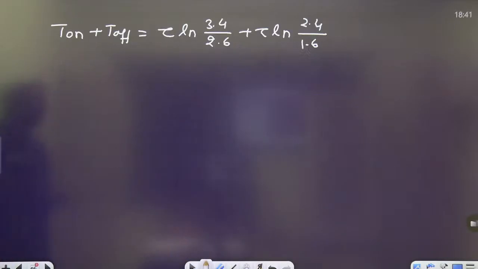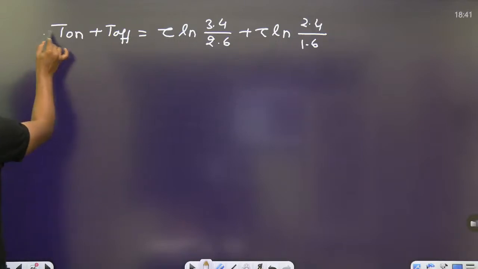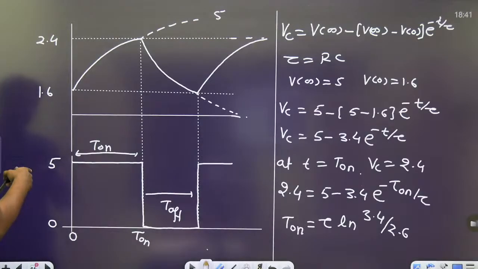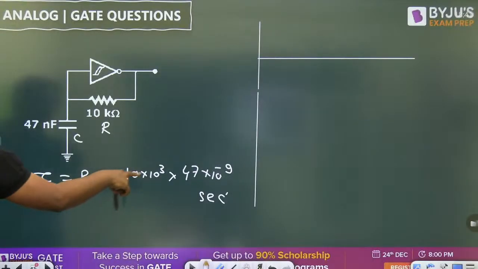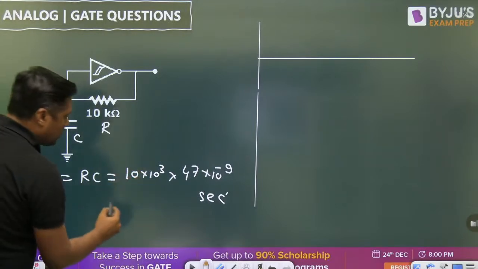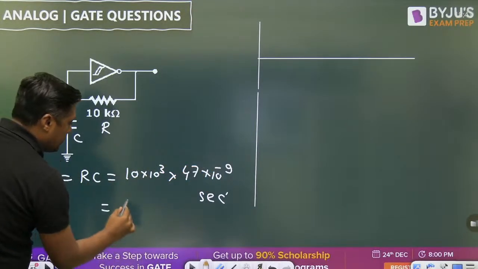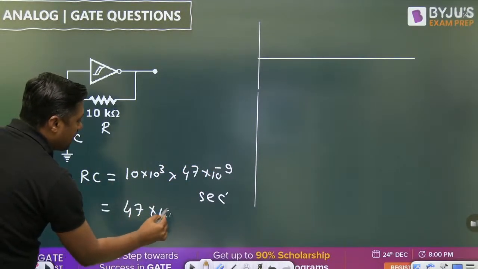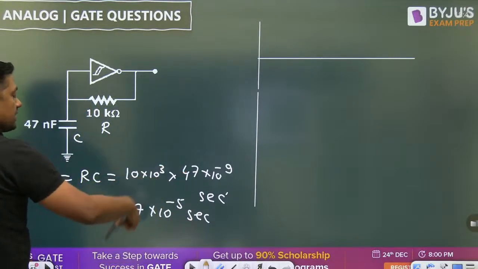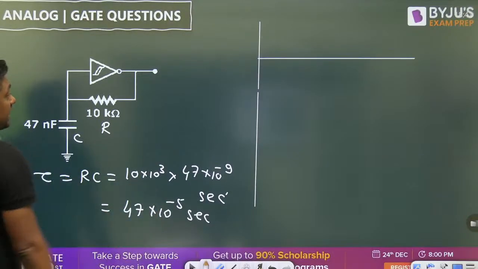This is called the total time period. And what is the tau? Already we have calculated the tau. This is the RC, 10 into 10 raised to power 3, times this, which is 10 to the power 4, and this will become 47 into 10 raised to power minus 5 second.